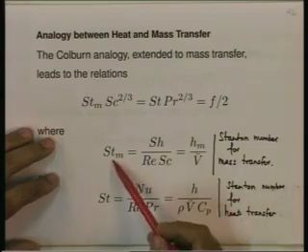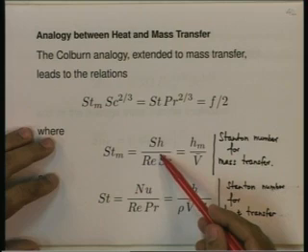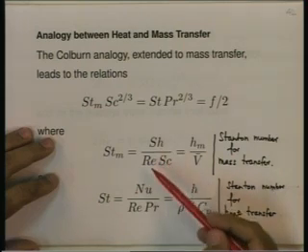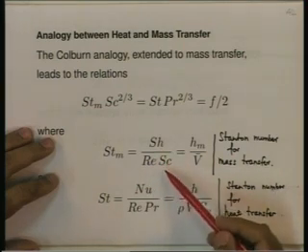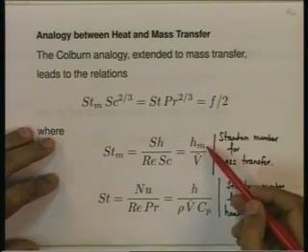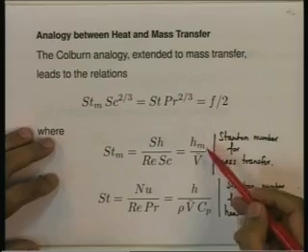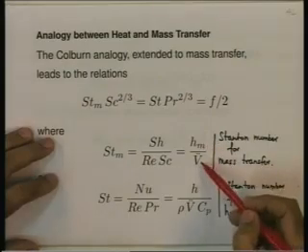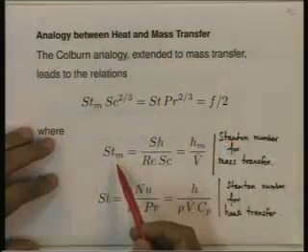The Stanton number for mass transfer in an analogous fashion is Sherwood number divided by Reynolds number divided by Schmidt number, and it simply becomes the ratio of the mass transfer coefficient divided by the mean velocity. We have already seen that the mass transfer coefficient has the dimension of velocity. So, the mass transfer coefficient divided by the velocity becomes the dimensionless Stanton number for mass transfer.